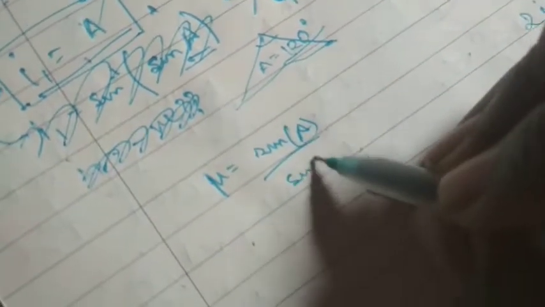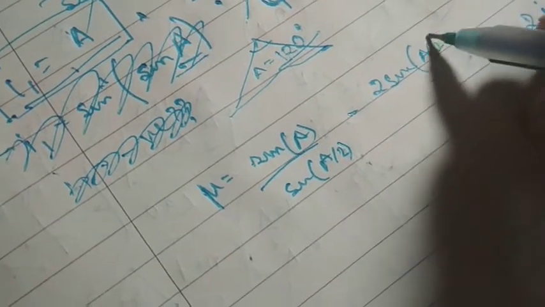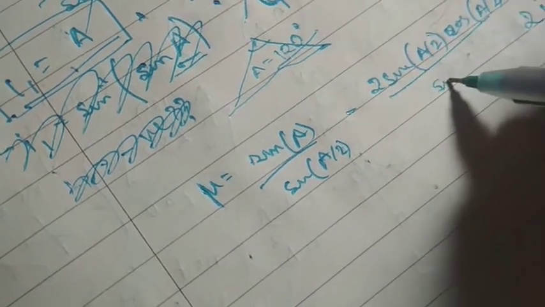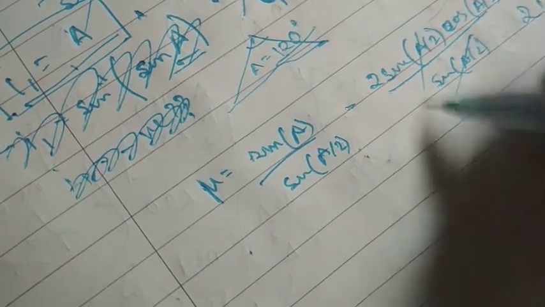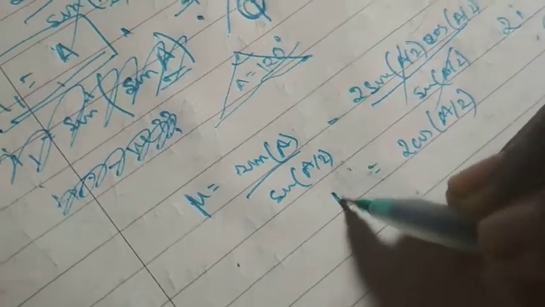Now moving on to option number D, because option C is very big. So let's just, we know that mu equals sine A by sine A by 2, which we can expand and write A by 2 times cos A by 2, which will cut and we get 2 cos A by 2 equals mu.